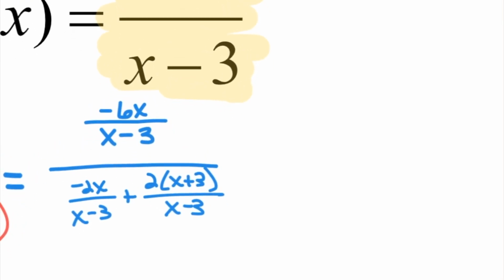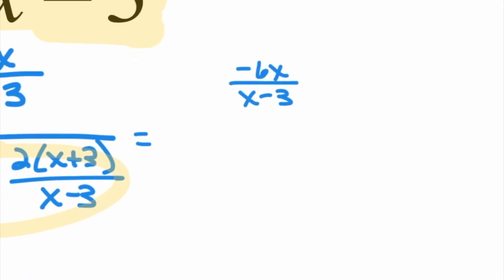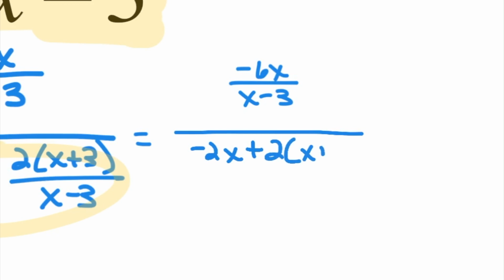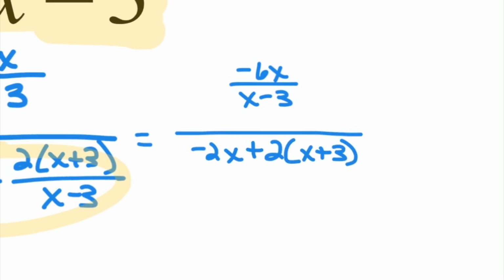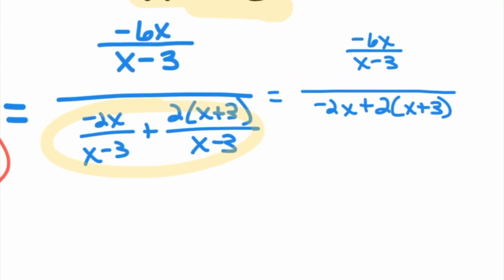So now I'm going to look at my denominator, and I'm going to do that addition. I'm going to leave the numerator where it is, so that's negative 6x over x minus 3. And then in the denominator, I'm not going to simplify it completely, but when I do that now, I have negative 2x plus 2 times the quantity x plus 3. Why did I put plus? It really is minus here.